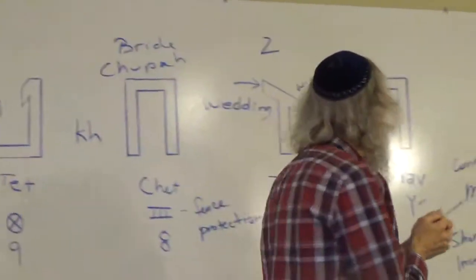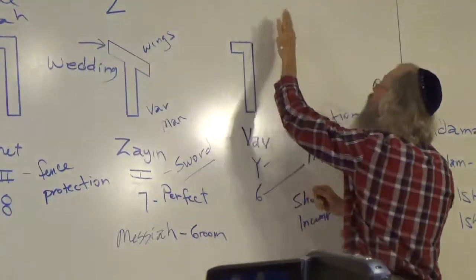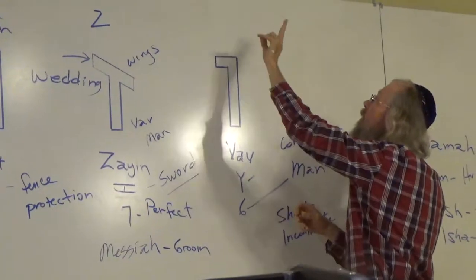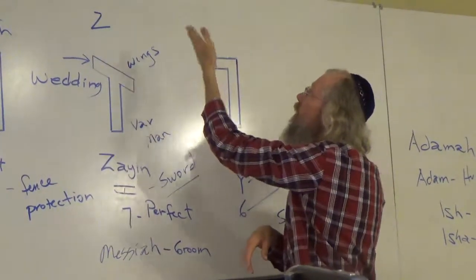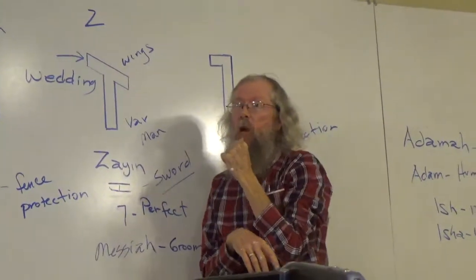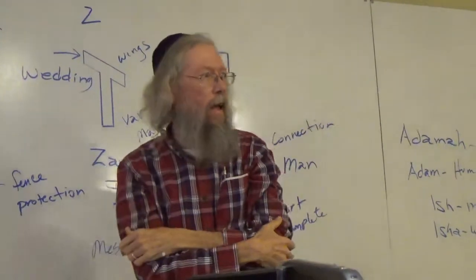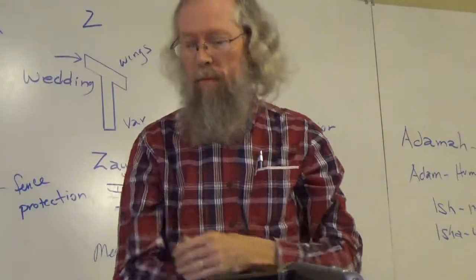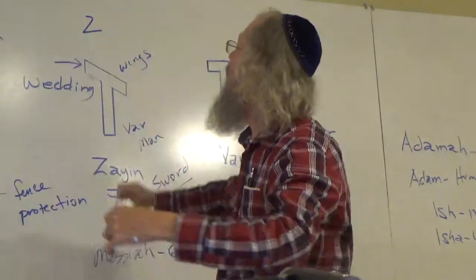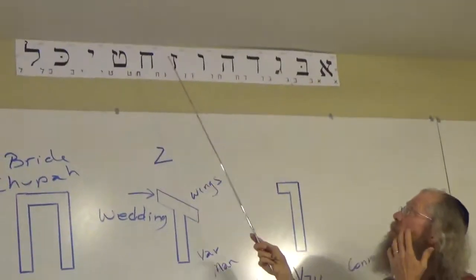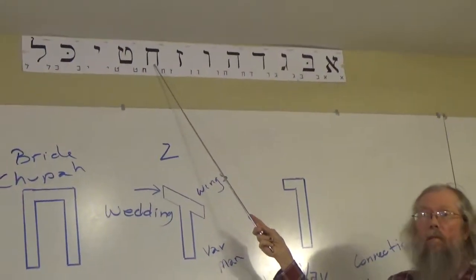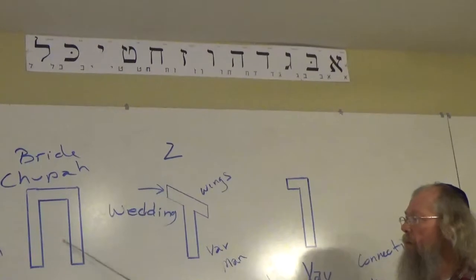So remember we spoke about the bet, it's open this way, the gimel, he's reaching this way, the dalet, he's bowing this way, the hey, the breath is this way. Okay? So, where is the opening of the chet? Right here. This is the opening of the chet.